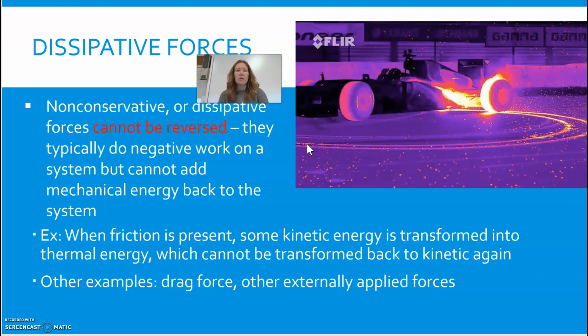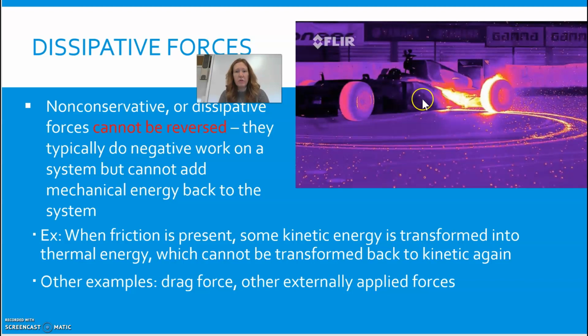So in the case of friction, friction often does negative work and then takes away some kinetic energy that the system had. But you cannot reverse that process and get that kinetic energy back again. You can't. It's now left the system.